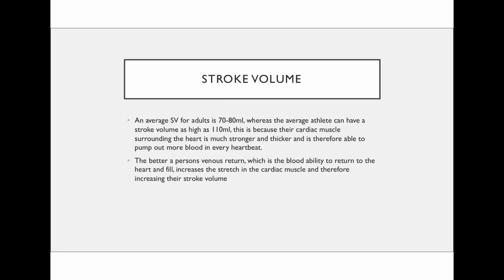This is because their cardiac muscle surrounding the heart is much stronger and thicker, and is therefore able to pump out more blood in each heartbeat. The better a person's venous return, which is the blood's ability to return to the heart and fill, the greater the stretch in the cardiac muscle, and therefore the greater their stroke volume.